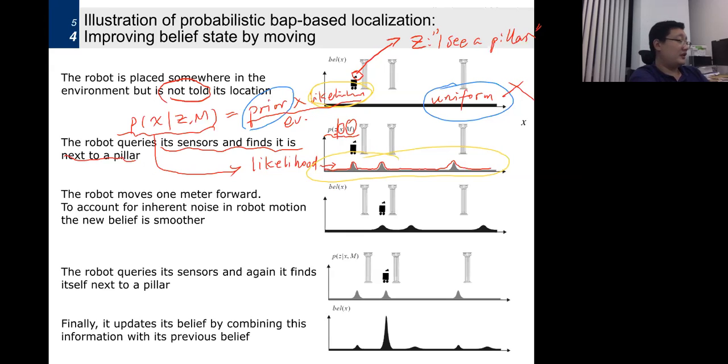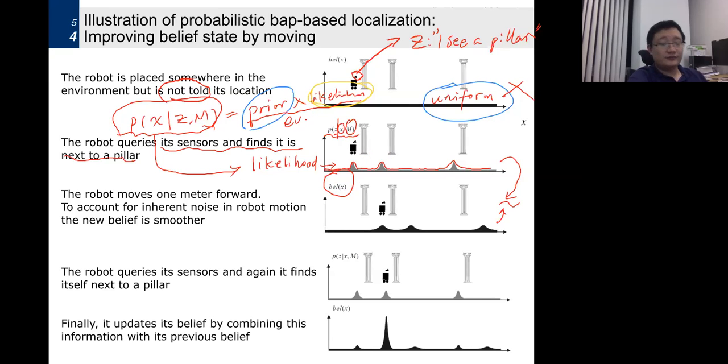We use this posterior as the prior for the next cycle. We name it a belief. We already discussed what a belief is: a posterior, x given z and m. So this is a new belief, identical to the likelihood.